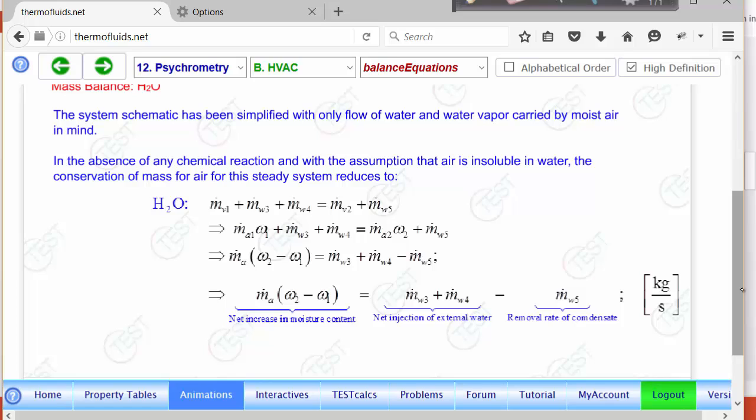How much dry air is entering, multiply that by omega, and you'll know how much vapor is entering. So constructing a balance for H2O is keeping track of all the vapor that enters and exits a system, and the direct injection of liquid water or direct removal of liquid water through condensate or steam injection. These are different ways in which the water amount can be affected.